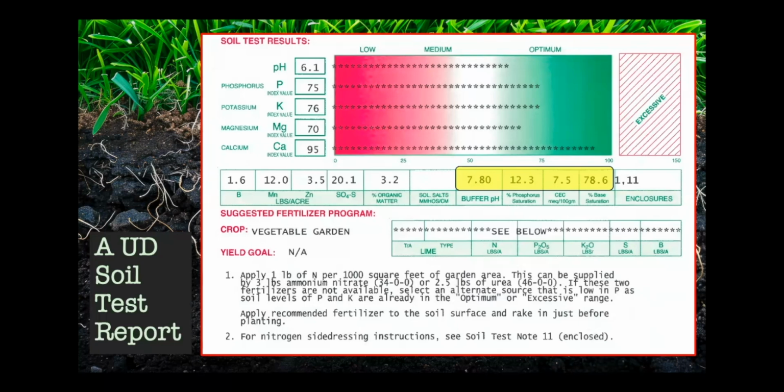So what's happening is on the surfaces of this clay, these little plus ones are attached to the little negative soil, just like a magnet. If you take a magnet and put a plus to a minus, they stick together, right? So all of these things are sticking to the negatively charged soil.